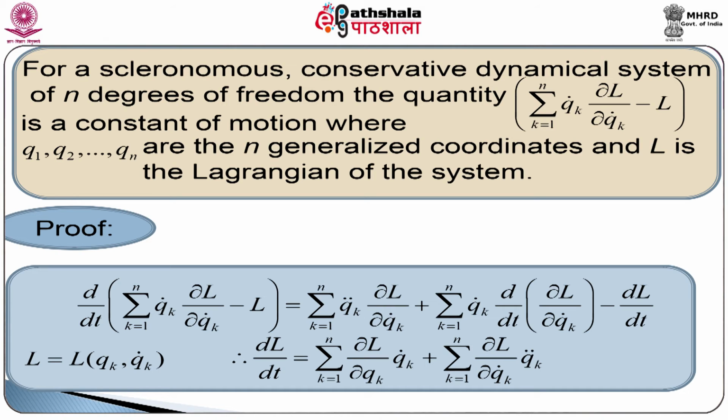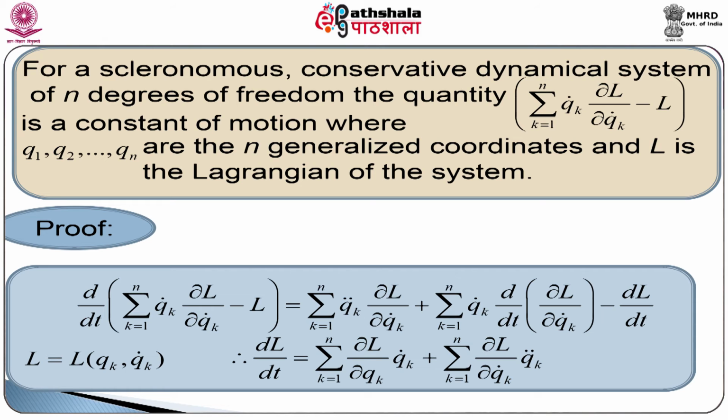So, let us calculate d/dt of summation over k qk dot into del L del qk dot minus L. Differentiating the first term, that is qk dot into del L del qk dot, we get two terms. Let us first differentiate qk dot.